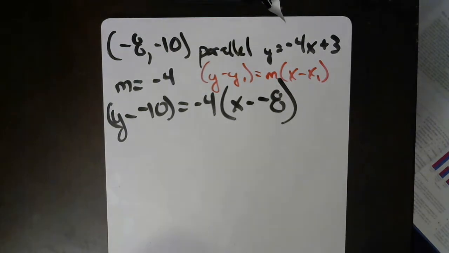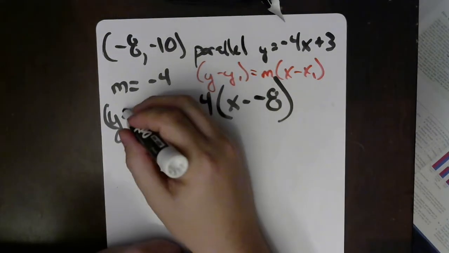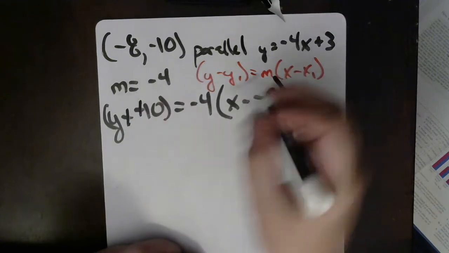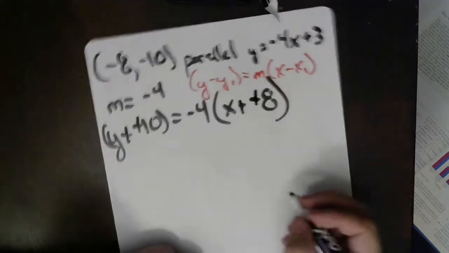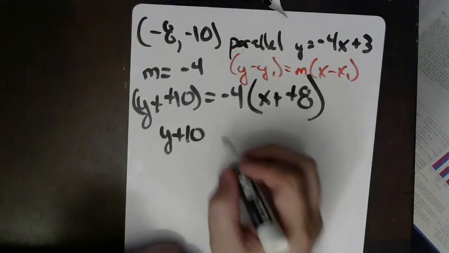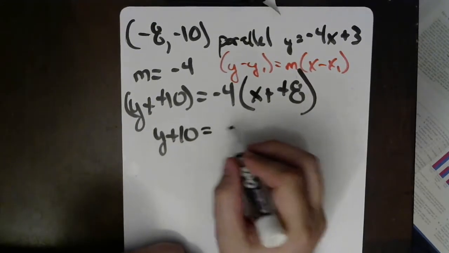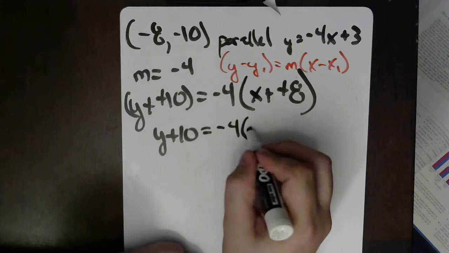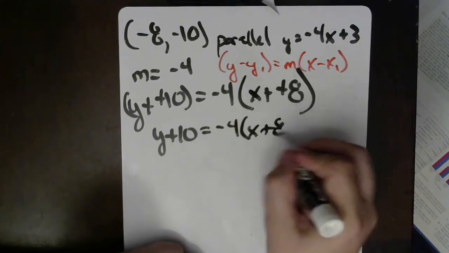First thing I'm going to do is say if it's minus a negative, it's going to be plus a positive. Let's take care of those. So y plus 10 is going to be equal to -4x plus 8.